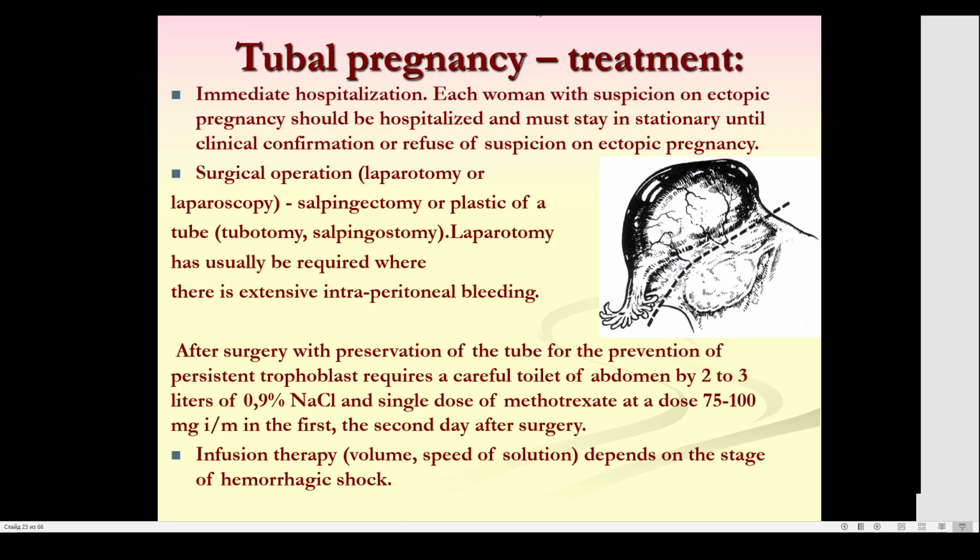After surgery, with preservation of the tube, for the prevention of persistent trophoblast it requires a careful toilet of the abdomen with 2 to 3 liters of physiological solution and a single dose of methotrexate at a dose of 75-100 mg intramuscular on the second day after surgery, if it's necessary.